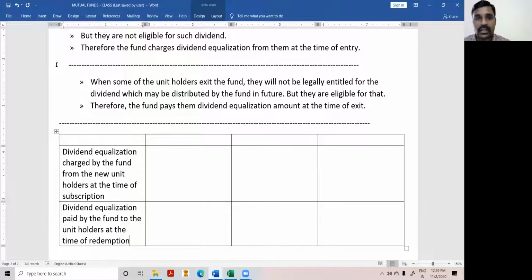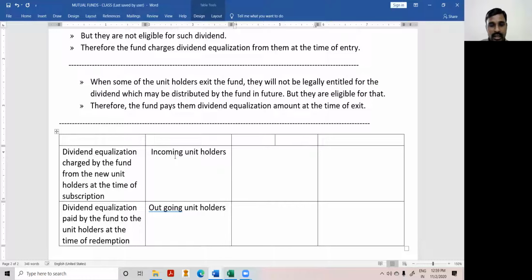So the first is applicable to the incoming unit holders. Next, outgoing unit holders. Incoming unit holders and outgoing unit holders.